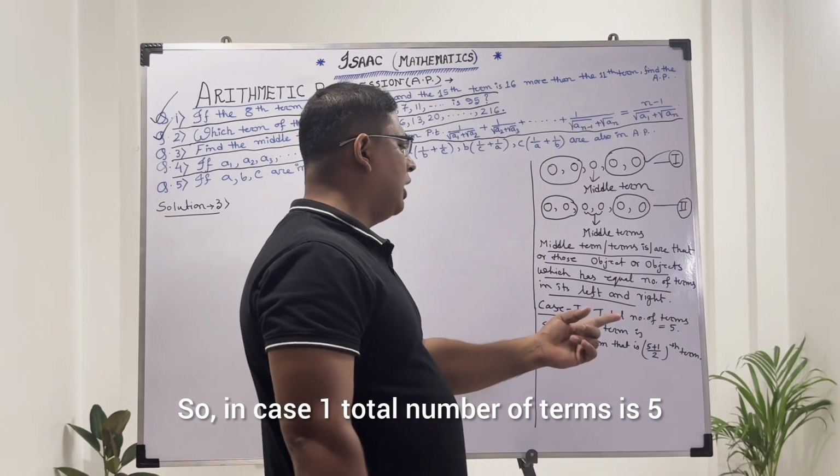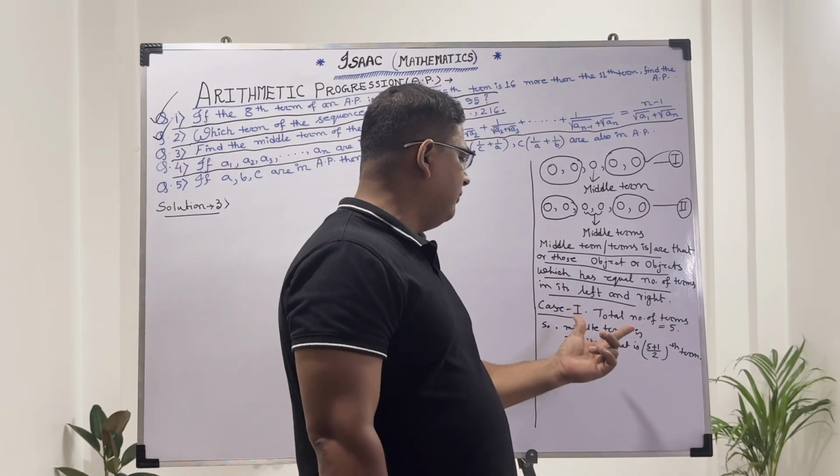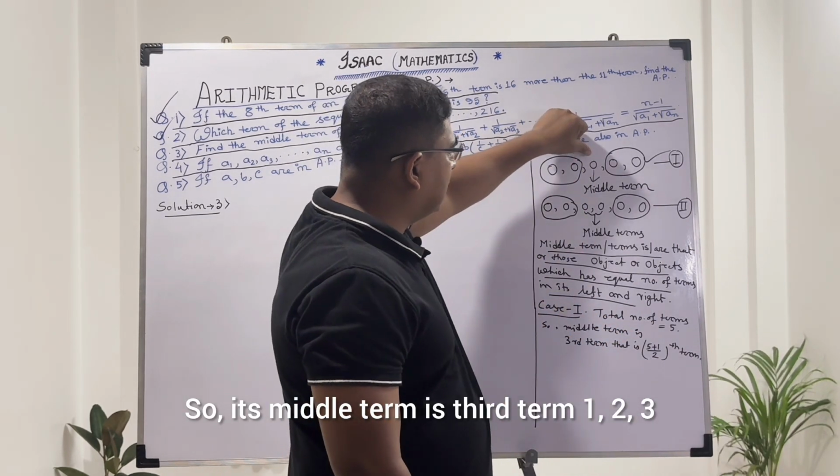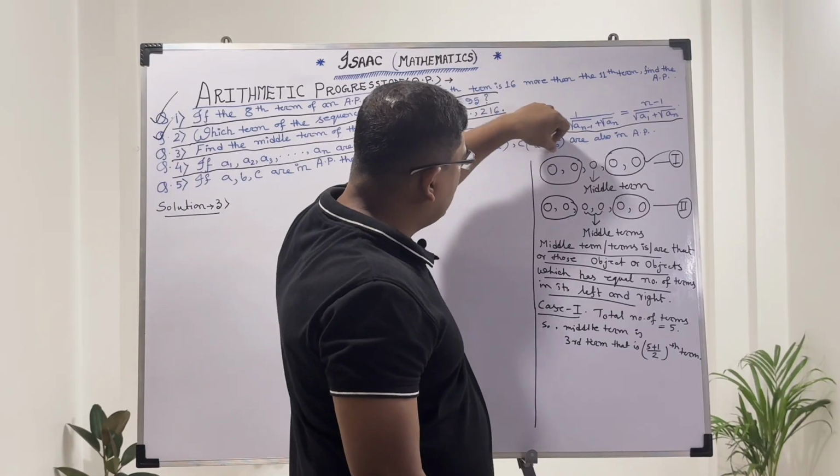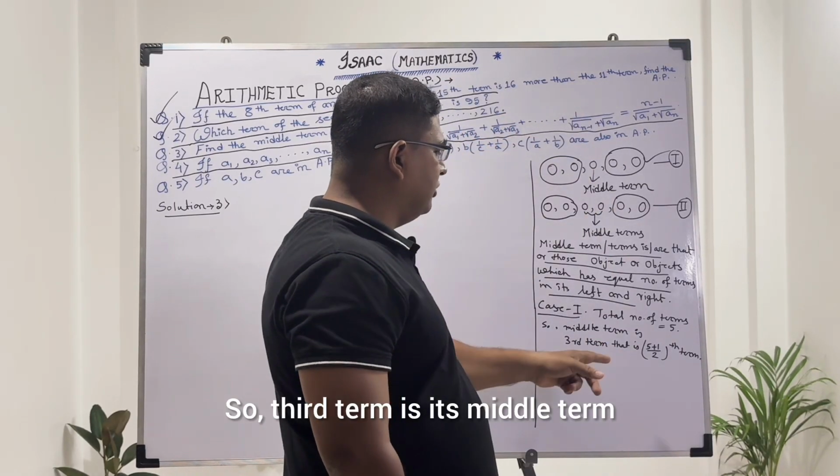So in case 1, total number of terms is 5, so its middle term is the third term, 1, 2, 3. So the third term is its middle term.